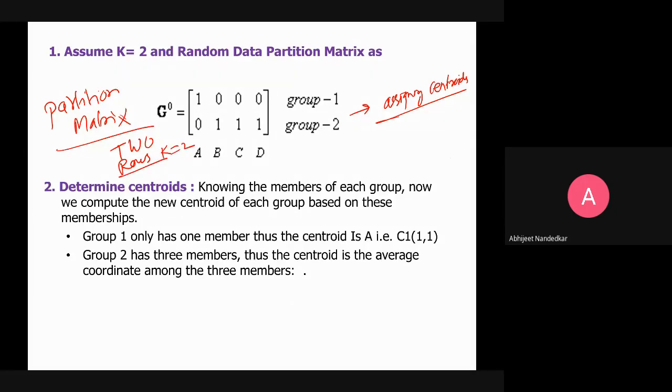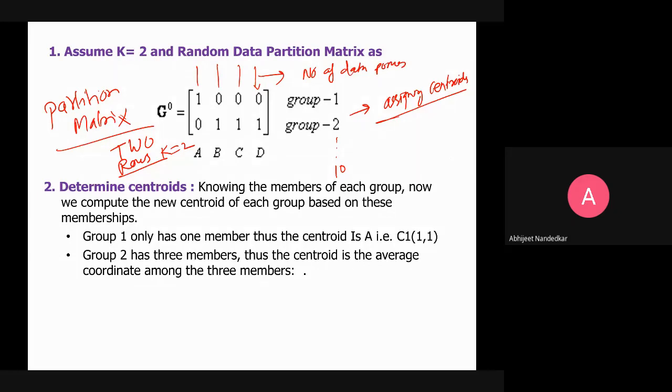How many groups you want to make? Suppose I want to make 10 groups in some problem, then there will be 10 rows to this matrix. The number of columns equals the number of data points.